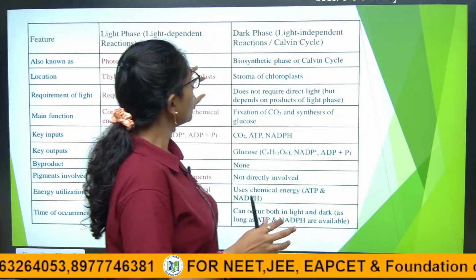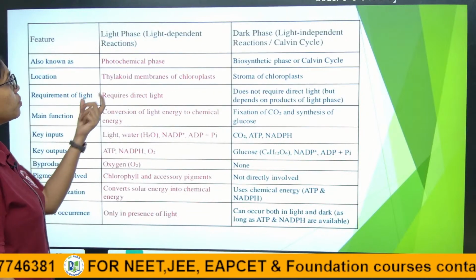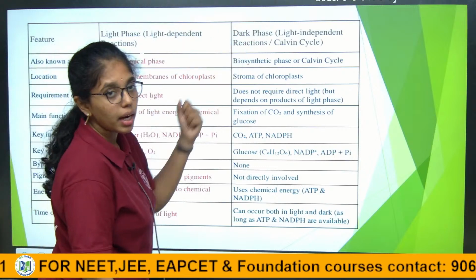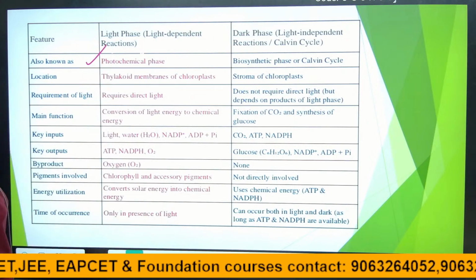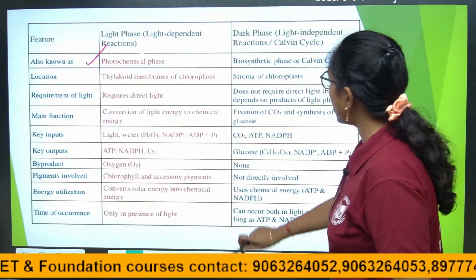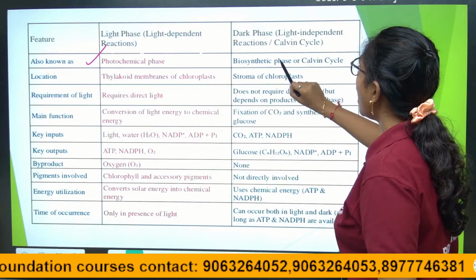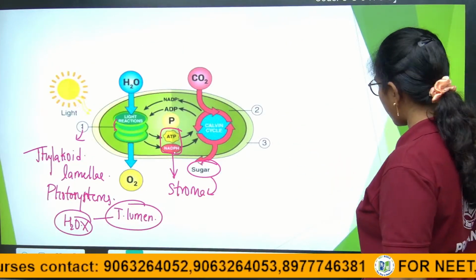As of now, quickly look into the differences between light reaction and dark reaction. The very first: the light reaction is also called the photochemical reaction, okay. Light phase is also called the photochemical reaction. Here you can add one more point.